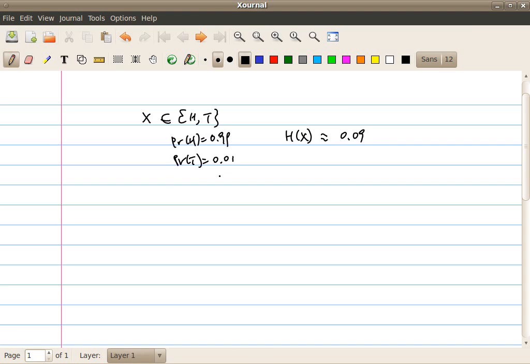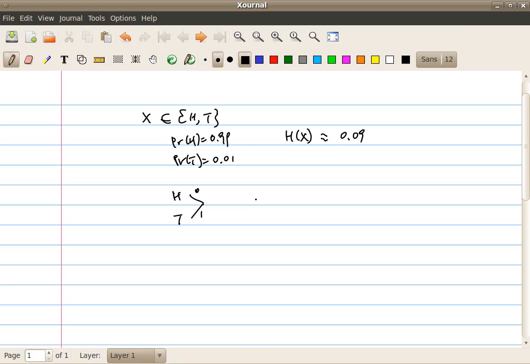But if we try to build a Huffman code for X directly, we have head and tail. The only thing we can combine is these two. And so the code word for head and tail would be just 0 and 1, or like 1 and 0. In that case, we can only compress the source to 1 bit per sample.